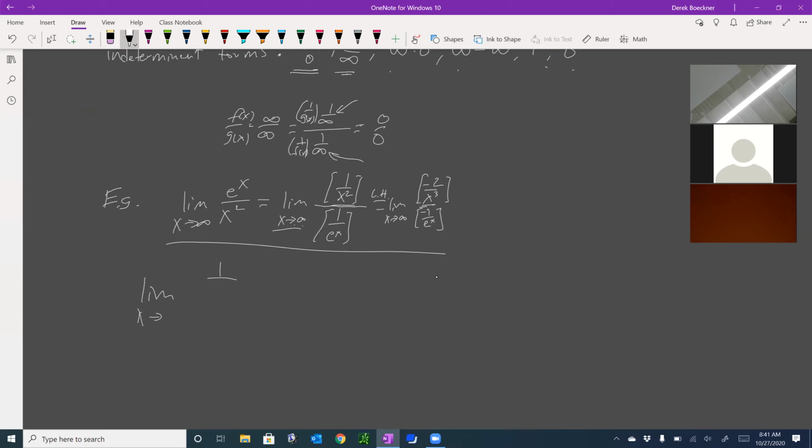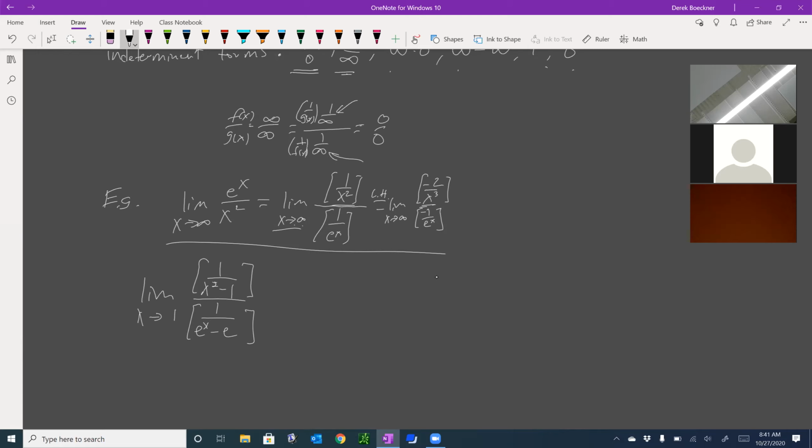Make things more interesting. So something like this. On the top, that fraction goes to infinity because the denominator goes to 0. And here, this fraction goes to 0 because that denominator goes to 0.